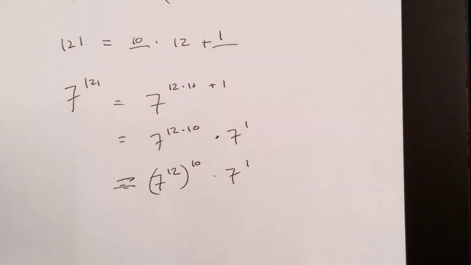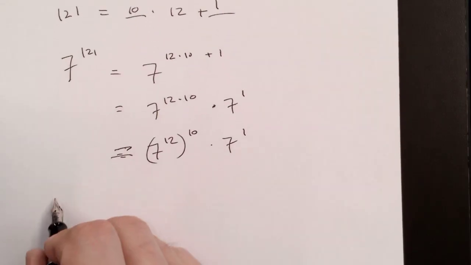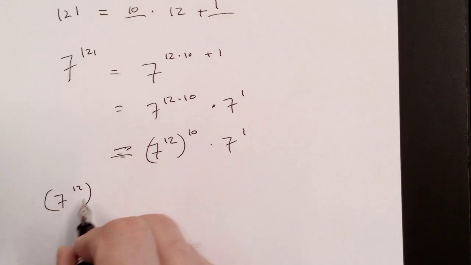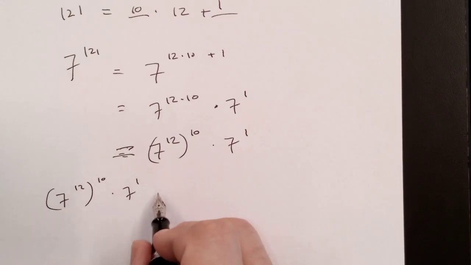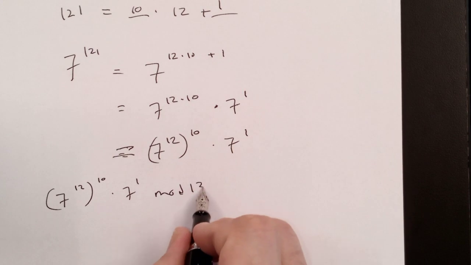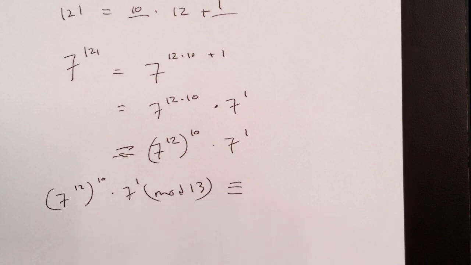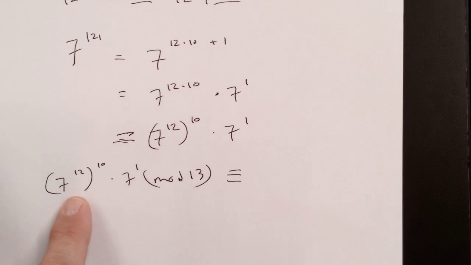I'm going to throw in a mod 13. 7 to the 12 to the 10 times 7 to the 1 mod 13 means I do this mod 13. What's 7 to the 12th mod 13?